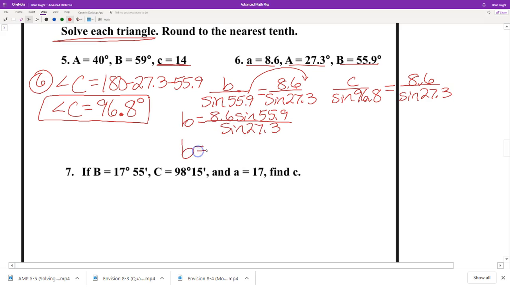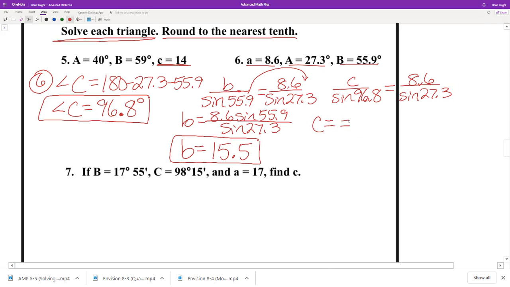From there, it's just making sure your fingers hit the right buttons in your calculator. When you put all of that in your calculator, you should get 15.5. And again, this is rounded to the nearest tenth, just like the directions tell us to. Same thing over here.